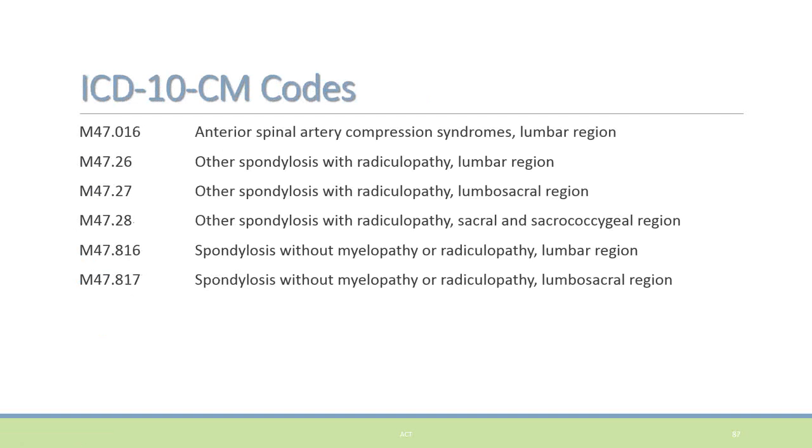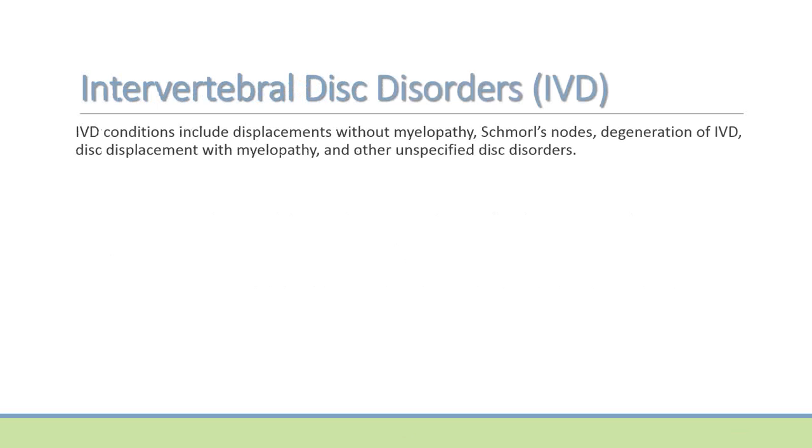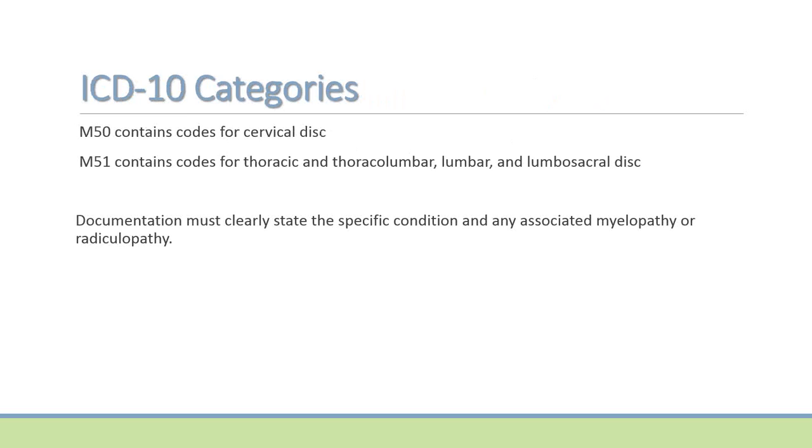And here's a brief example of that. Intervertebral disc: there's a whole gamut of things here with disc disorders. M50 starts it off with cervical disc, M51 for thoracic, lumbar, and lumbosacral.